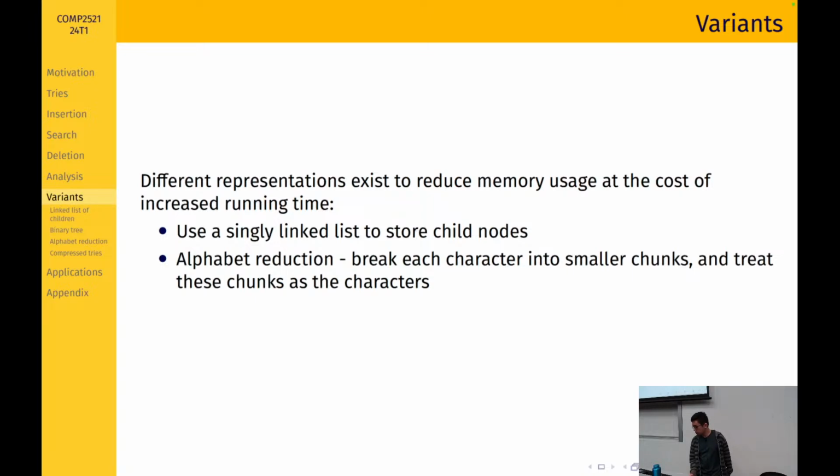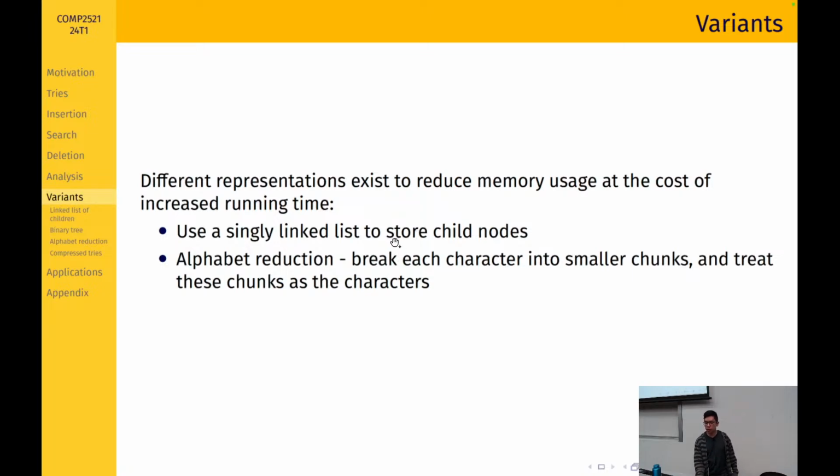But the downside to using these representations is that they're going to take more time, so searching, inserting, and deleting is going to take a bit longer. I think this is a nice example of the trade-off between time and space that you usually get in computer science. The more efficient you want something to be, usually the more space, the more memory, it's going to take. So here are some different ways we can change our trie representation.